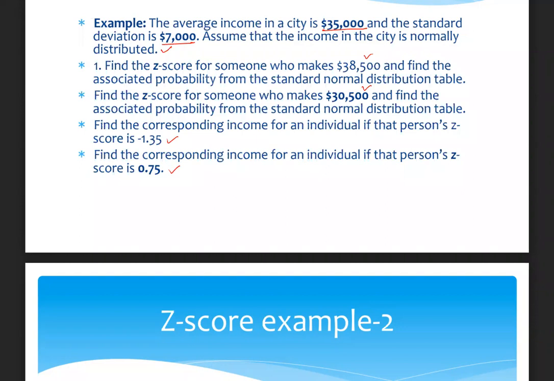Z is equal to x minus x bar divided by the sample standard deviation. So I'm just going to take this window off. So remember, you have a bell-shaped curve that has a mean of 35K or 35,000 and standard deviation of 7,000.